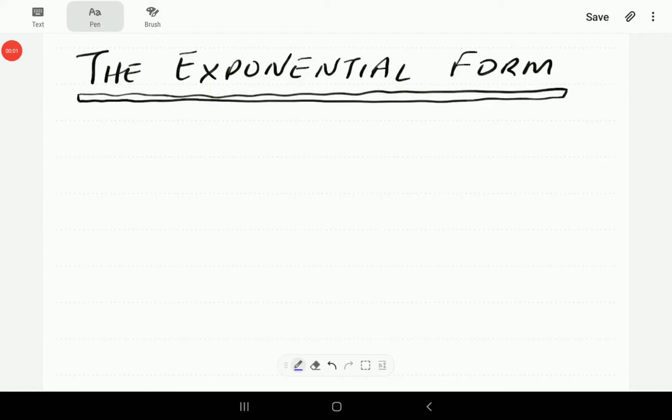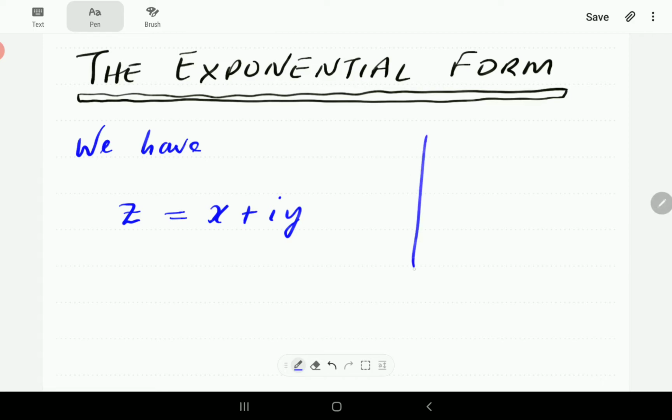Okay, in this video, we're going to introduce what is called the exponential representation of a complex number. So far, what we have seen is the following. A complex number z can be represented in the form x plus iy, where x and y are real numbers.